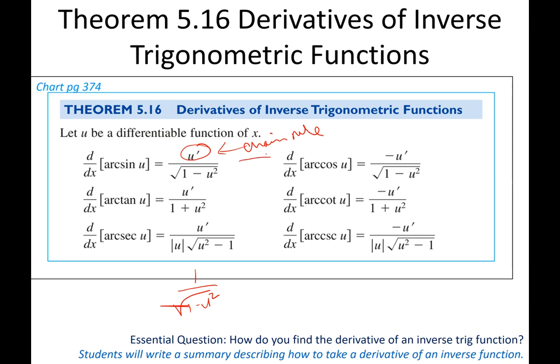You'll notice that the arc sine and the arc cosine are very similar, except that the co, just like any of the cos, has a negative in front of it. Arc tangent and arc cotangent look the same, and arc secant and arc cosecant look the same. And it's really all about just following the formulas. Typically on the actual AP test, we see these 3 more than we would see the cos. Okay.